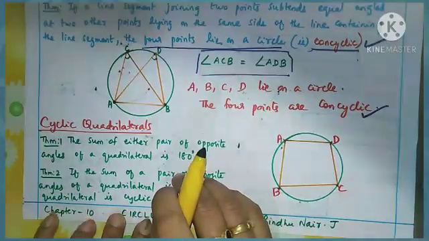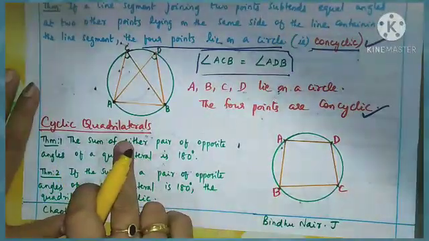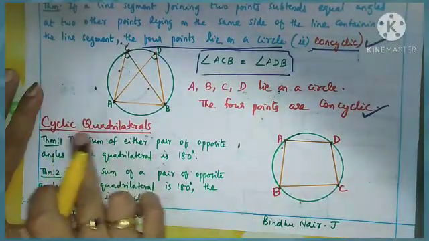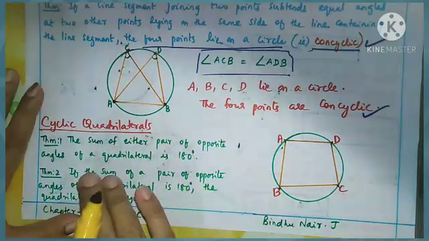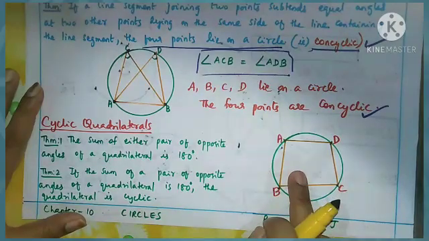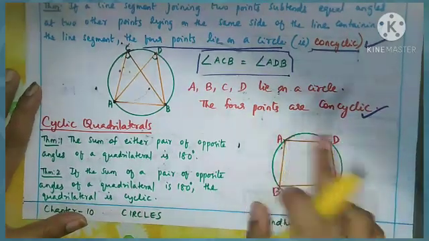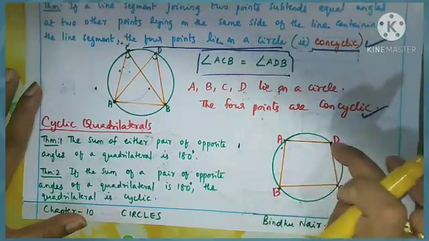Now we are going to the next part of your lesson, that is cyclic quadrilaterals. Usually already you know what you mean by quadrilateral. Quadrilateral means a four-sided figure. So four-sided figure means it has 4 vertices, correct?